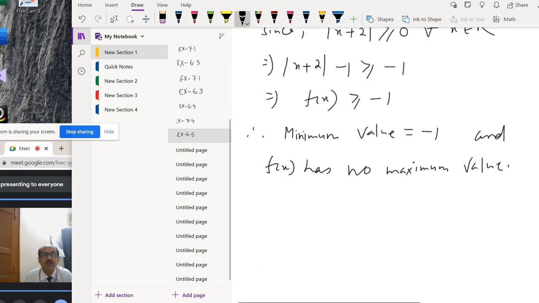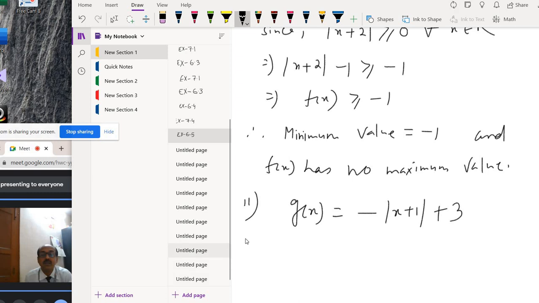Okay. Next, number 2. g(x) equal to minus mod of x plus 1, plus 3.